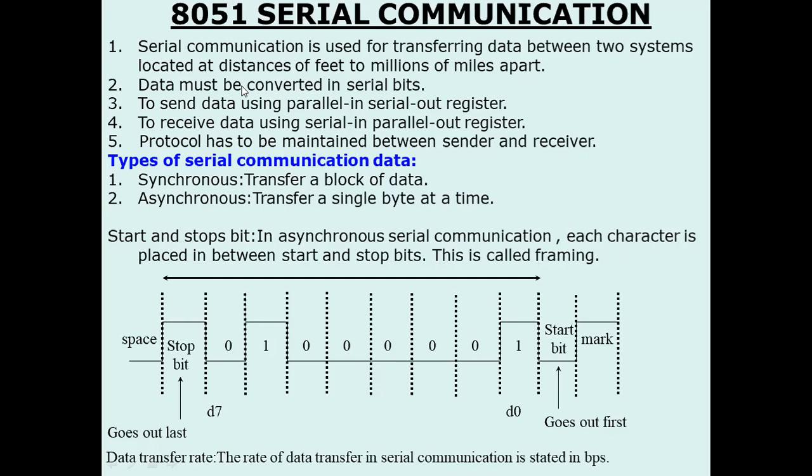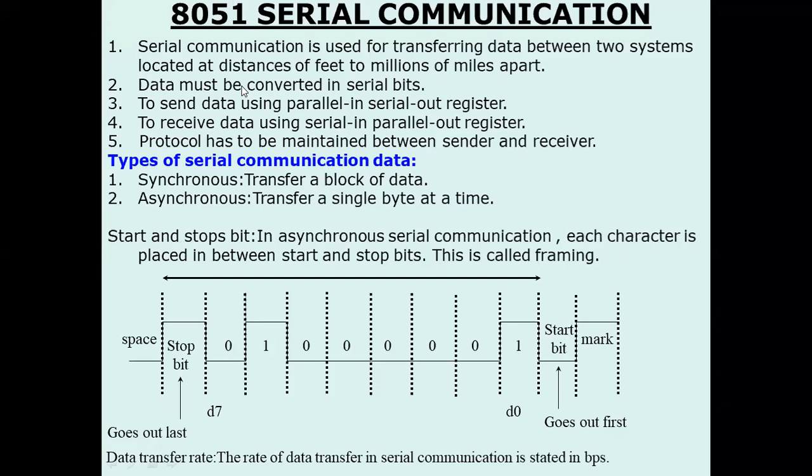Now, if we focus on point number 3 and point number 4, to send data using the parallel in serial out register. You can remember there was a special function register SBUF, serial buffer. This SBUF register is used for the transmission and reception of serial communication data.